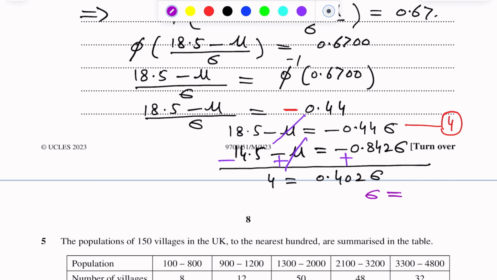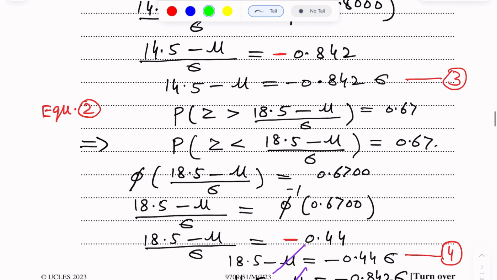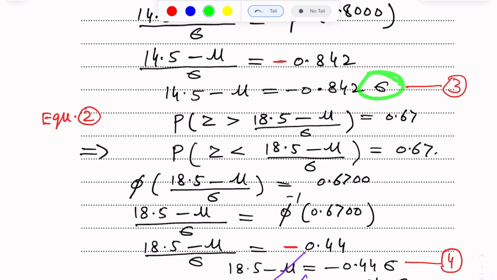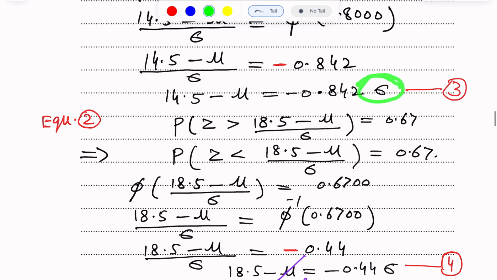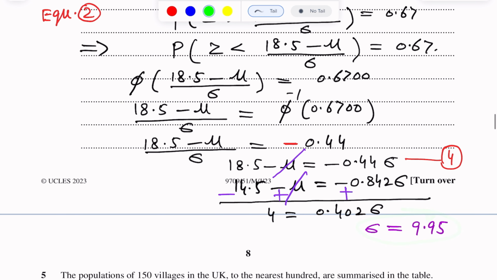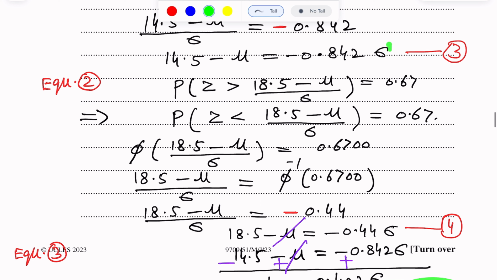From here, sigma is equal to 9.95. Putting this value of sigma in any equation, we are putting it in equation number 3.